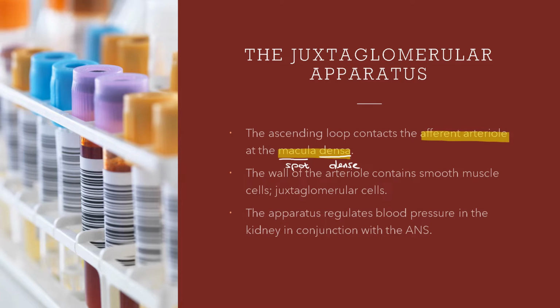Now, alongside the macula densa, the wall of the afferent arteriole, and sometimes the efferent arteriole, contains these modified smooth muscle fiber cells that are called juxtaglomerular cells. Now, together with the macula densa, they constitute the juxtaglomerular apparatus.